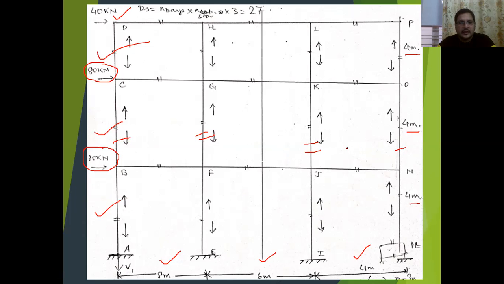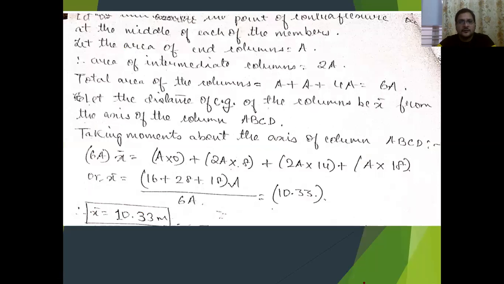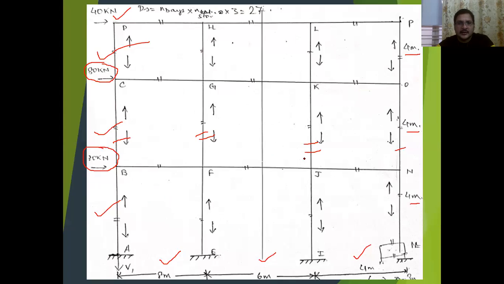Now, what is the task? We have to find the degree of static indeterminacy. Also, we have to find the CG distance.